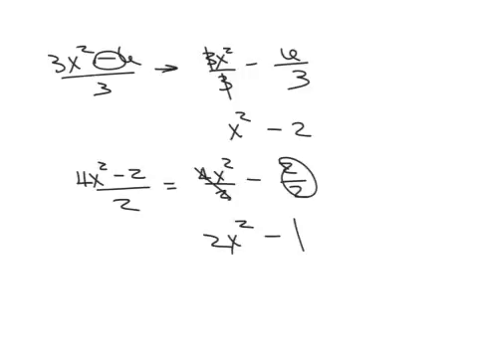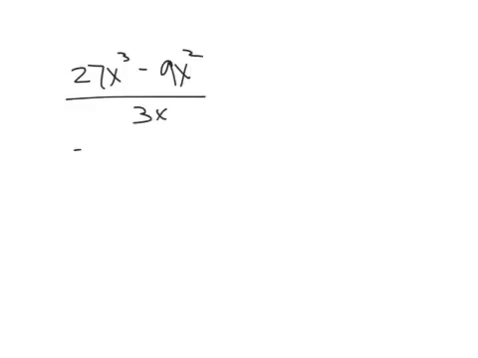Alright, let's keep plugging along here, and I'm going to show you eventually another way of doing these, but let's just keep going. It says find the quotient of 27x cubed, this is example 4, minus 9x squared and 3x. So they're asking you to divide 27x cubed over 3x minus 9x squared over 3x.